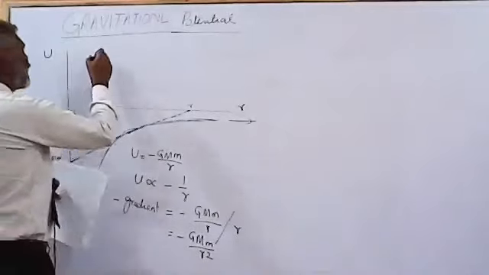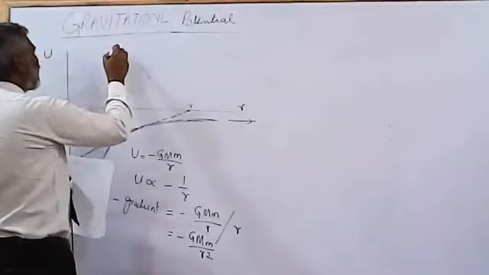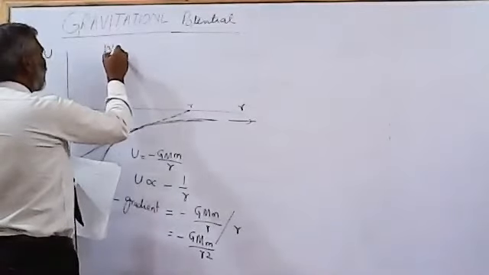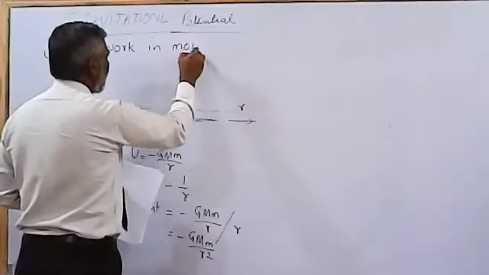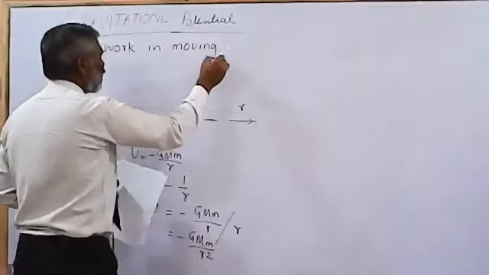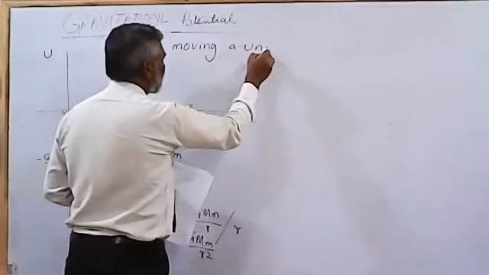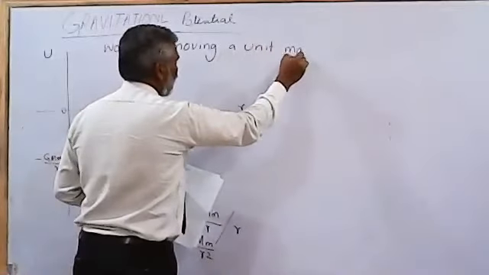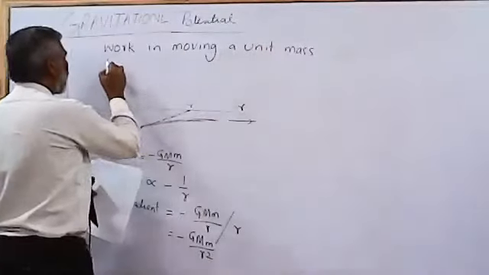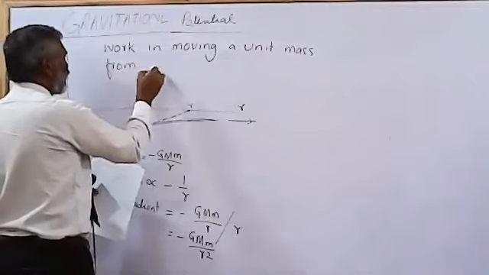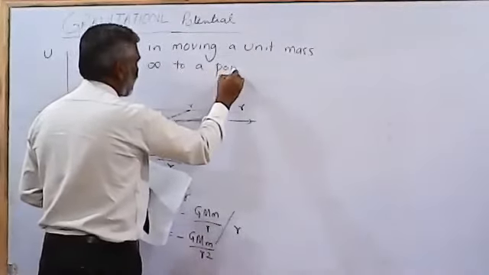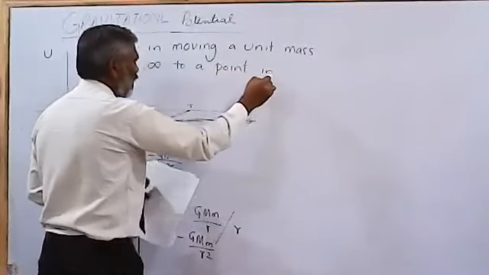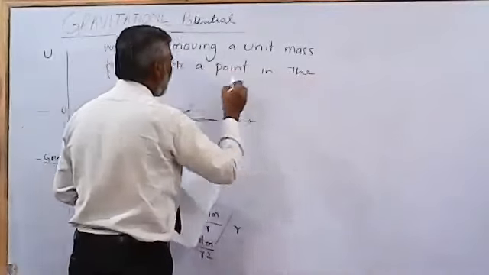So if I write the definition of gravitational potential, it is the work done in moving a unit mass from infinity to a point in the gravitational field.